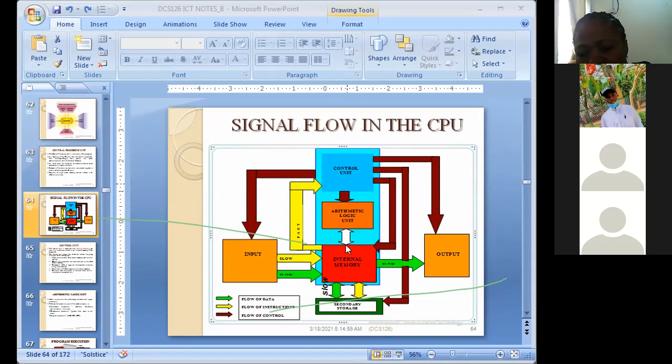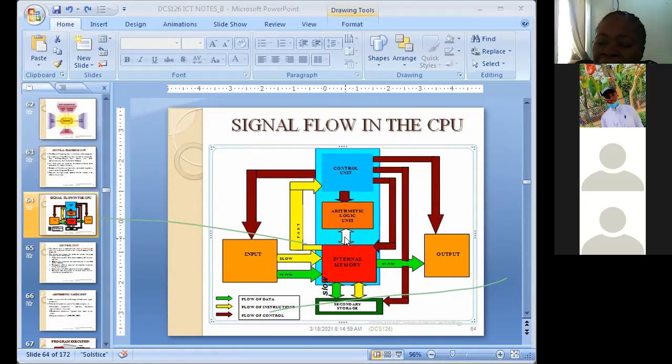What happens? Now remember, this arrow between the arithmetic logic unit and the memory is two-sided, two-headed. It points up, it points down. So when it goes down is when the ALU is sending a signal into the internal memory to fetch the data and the instruction.